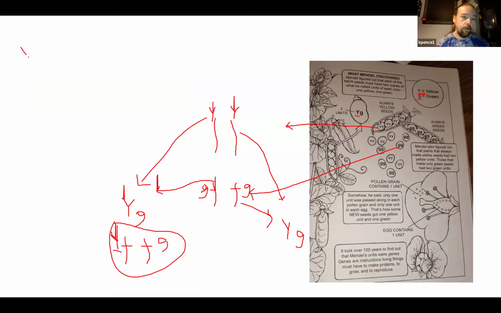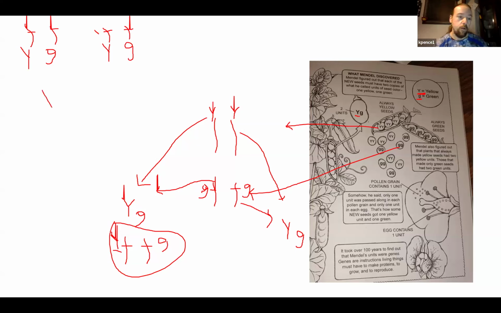So if you take YG as a parent and then another YG as a parent, there's chances that the Y's will be added together.